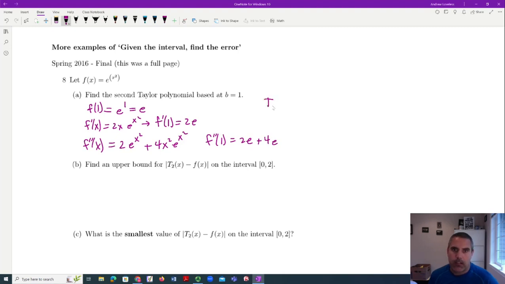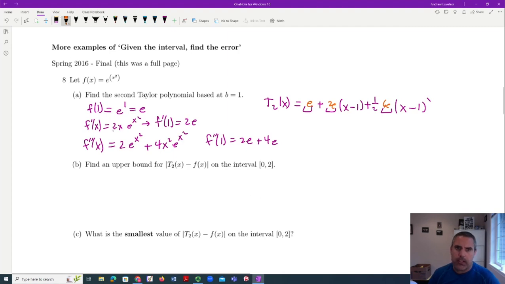So the second Taylor polynomial is going to look like this. And we're going to put, let's change these colors. This is going to be e, this is going to be 2e, this is going to be 6e. Okay, give an upper bound for the error.